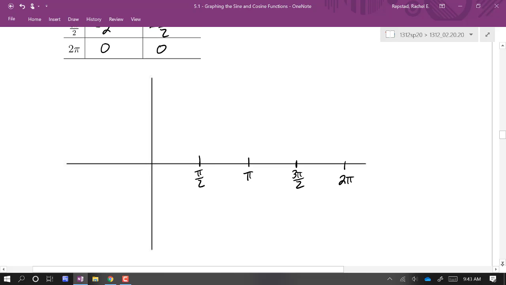Now, in order to graph both of these curves, I need to accommodate the values for 2 times sine x. So I'm going to go up to 2, down to negative 2. There's 1, which means 1/2 is about here, and negative 1/2. If we do the 2 sine x, this looks like this.